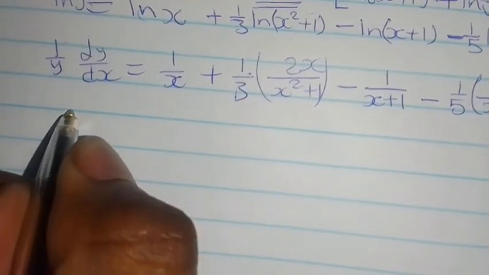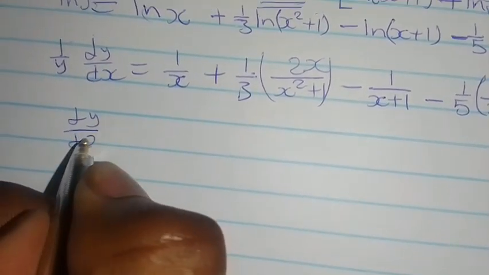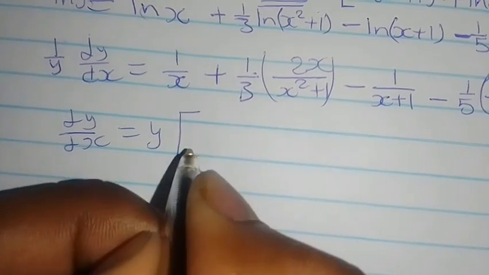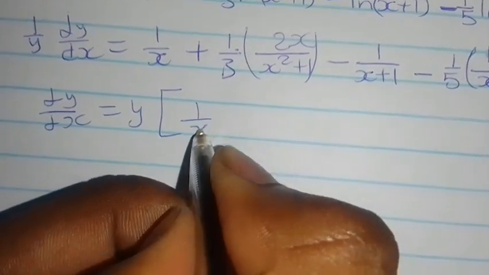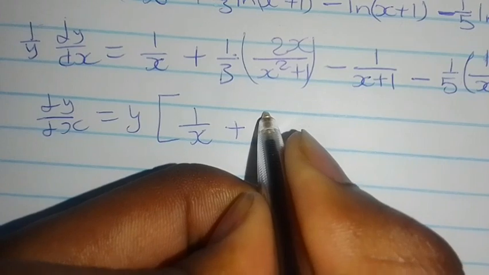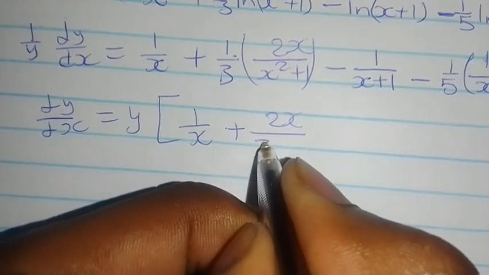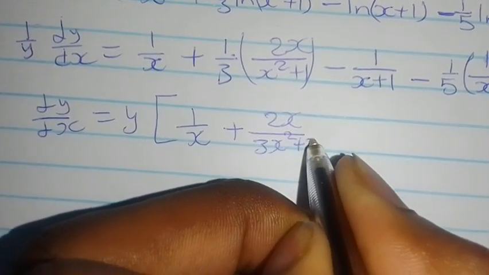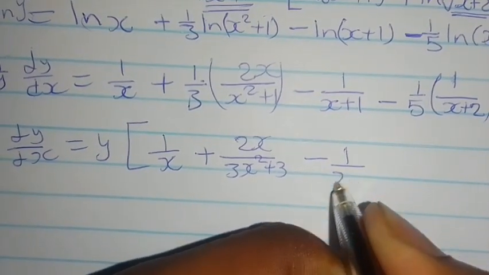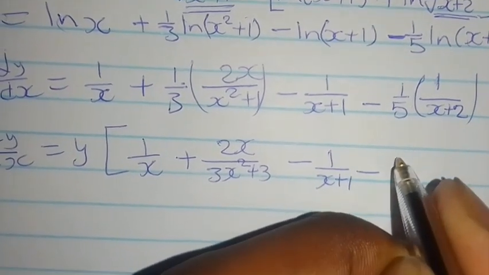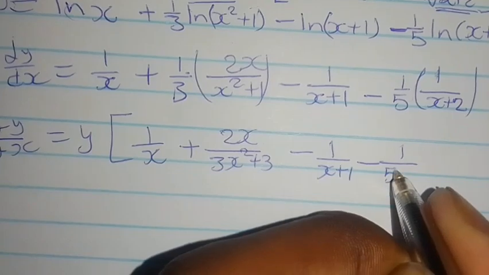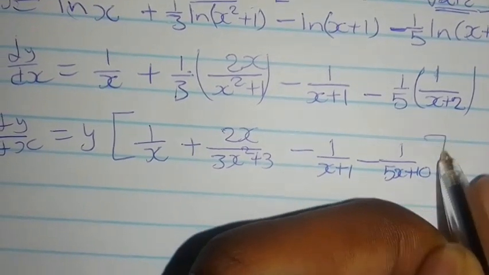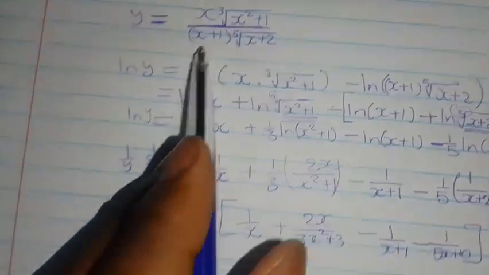And then from then, if we simplify, that means dy over dx is equal to y times 1 over x plus 2x divided by 3x squared plus 3 minus 1 over x plus 1 minus 1 over 5x plus 10. Then you can substitute y back now.